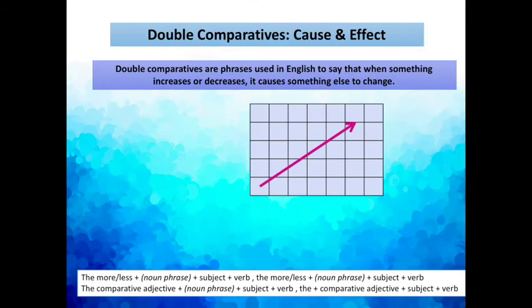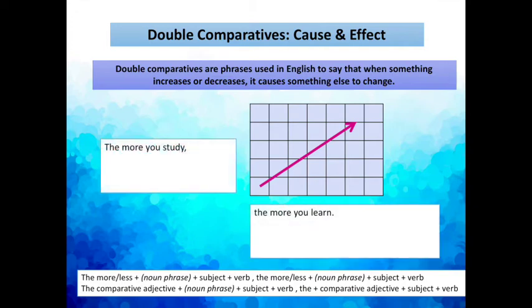Let's also look at double comparatives. Double comparatives are phrases used in English to say that when something increases or decreases, it causes something else to change. Here are some examples. The more you study, the more you learn.